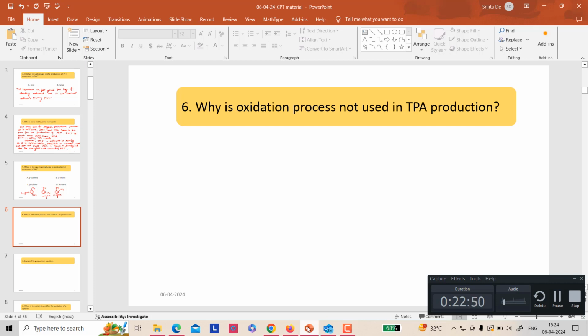The question is, why is oxidation process not used in terephthalic acid production?